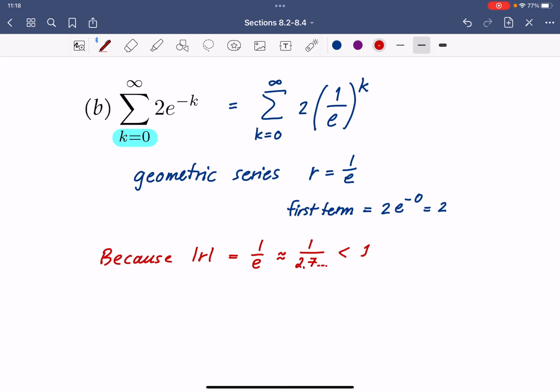Anyway, it's less than 1, which means it follows that the series, this is a series, not a sequence, of e to the negative k from 0 to infinity, converges.